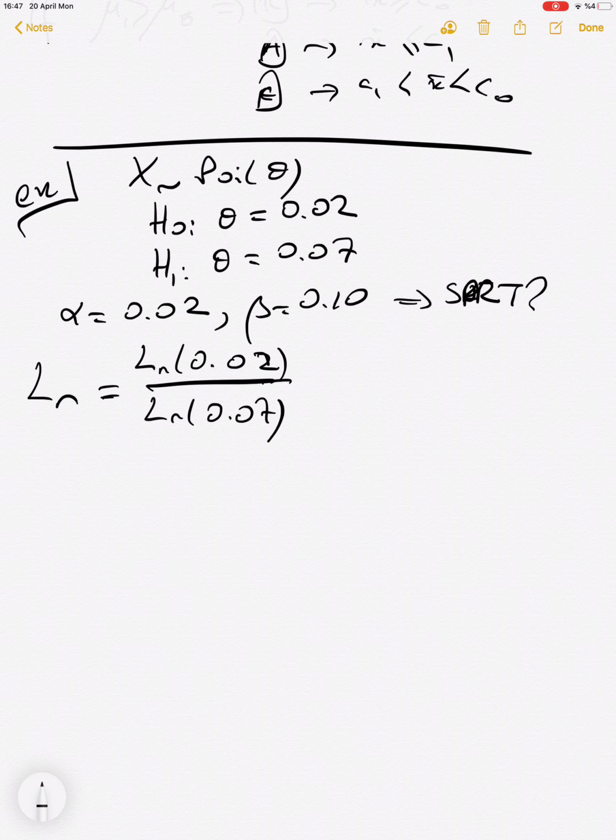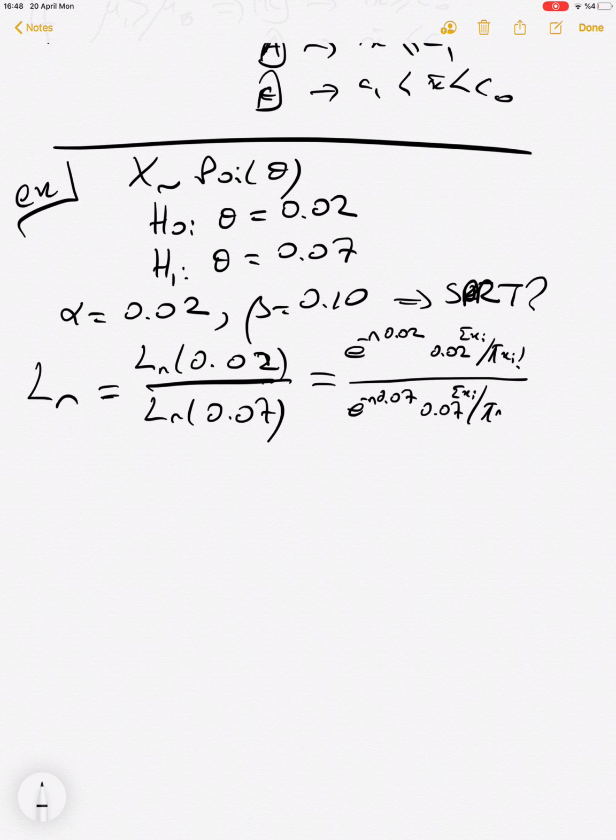So what we will get at the end: we have e to the minus n times 0.02 and 0.02 to the summation xi over the multiplication of xi factorials, over e to the minus n times 0.07, 0.07 to the summation xi.